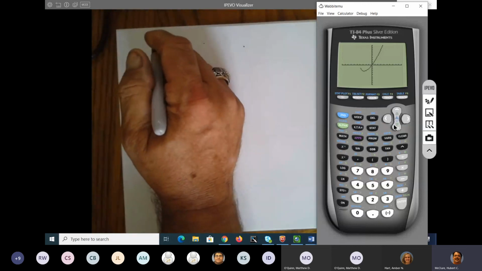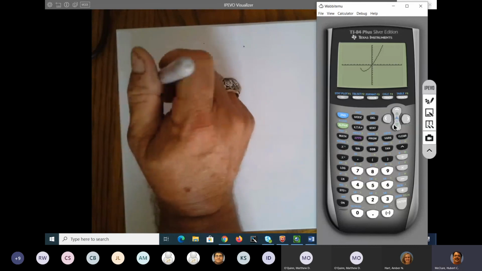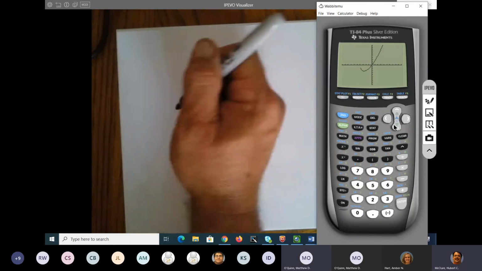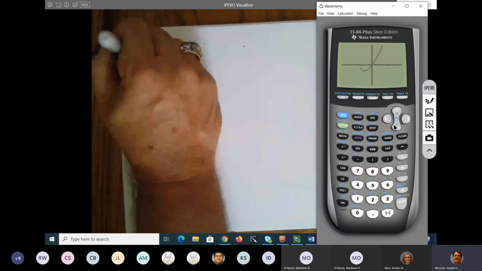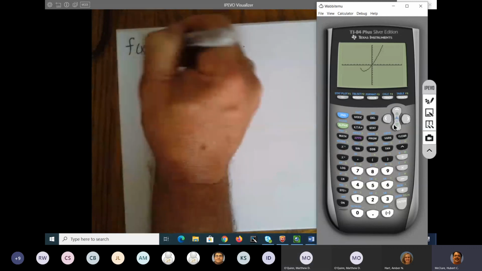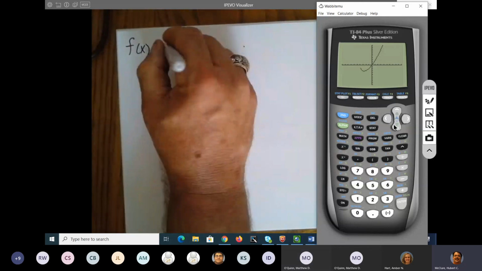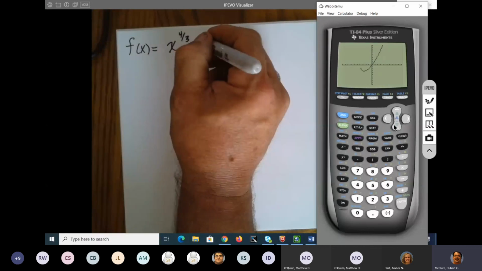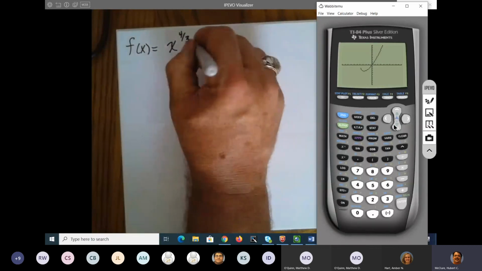It'll be called Hubert's Increase and Decrease in Inflection Homework. F of x is equal to x to the 4/3 plus 4x to the 1/3.